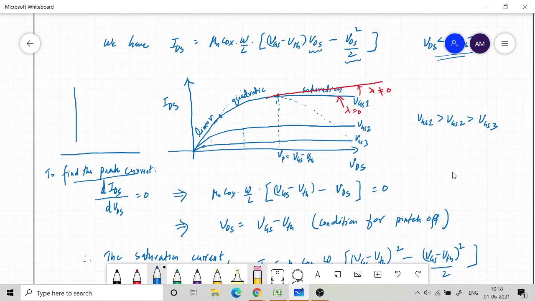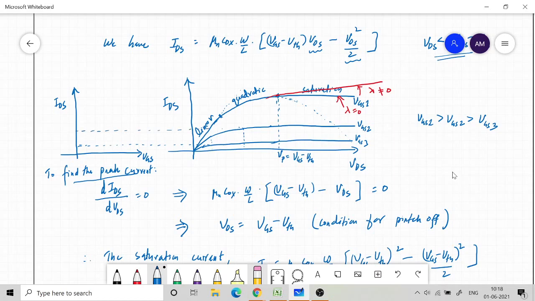So this is our VGS. If I draw IDS versus VGS, all you need to do is basically extend this saturation current, and for all this I am just considering 3 saturation currents.